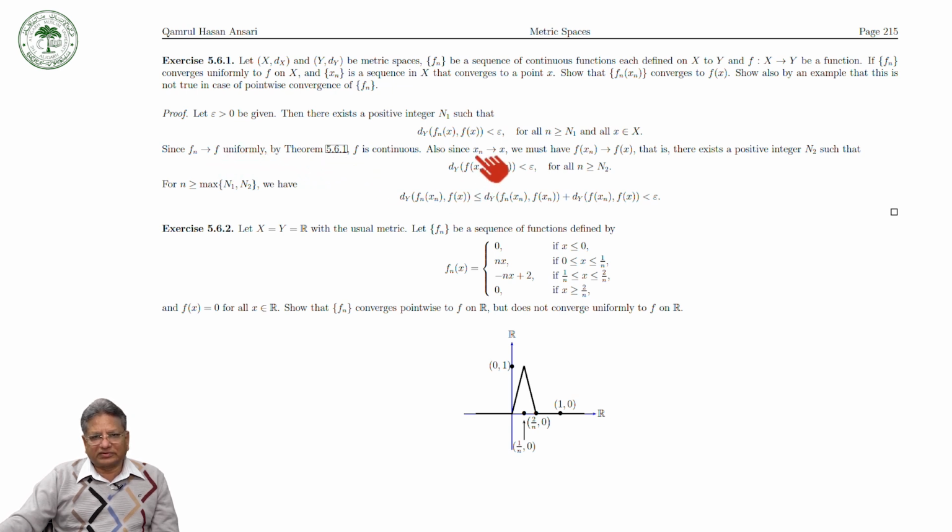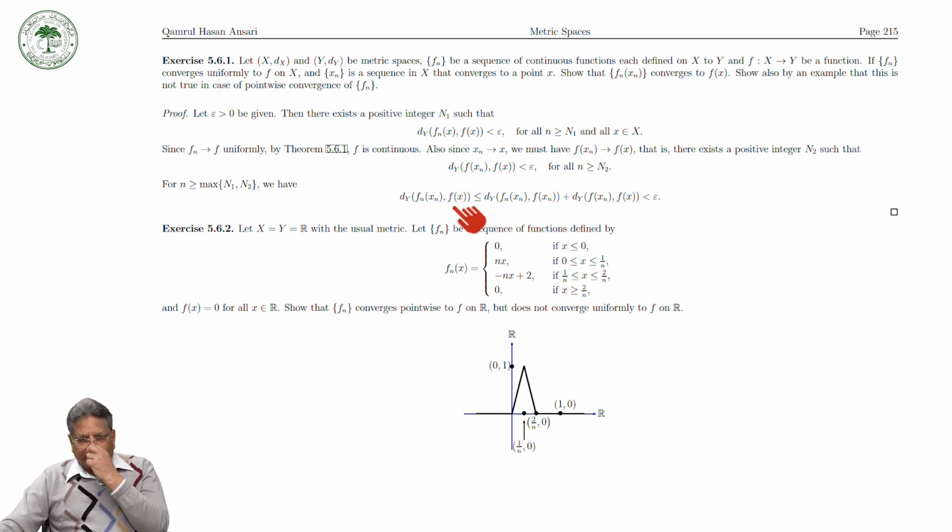And since xn converges to x, we have F(xn) converges to F(x). And therefore, there exists a positive integer n2 such that this holds good. And now, for all n greater than the maximum of n1, n2, we can write this is less than or equal to this plus this one by the triangle inequality, but this is less than epsilon. So this is less than epsilon, and it means that Fn(xn) converges to F(x).